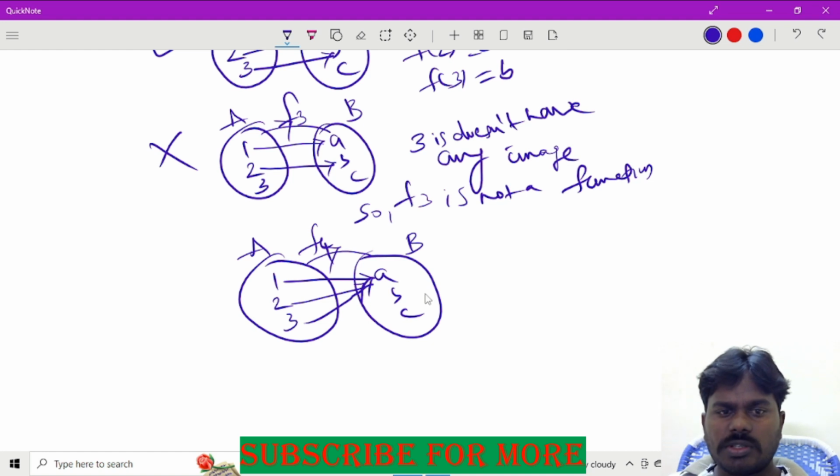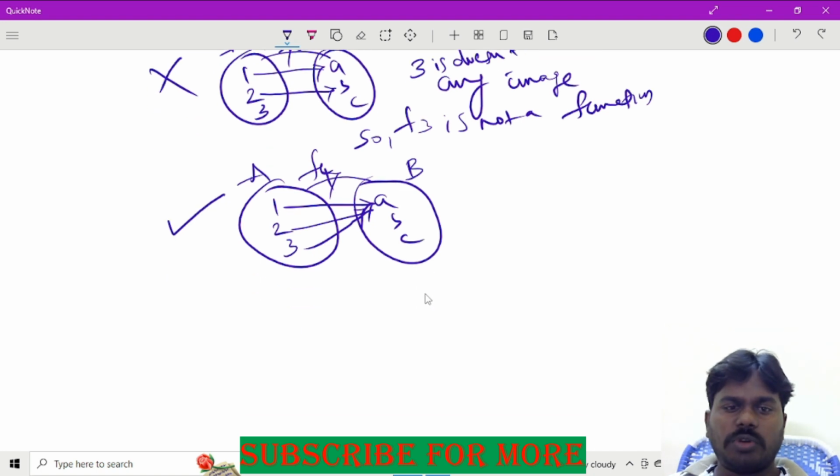So here every element in A has an image. So this is a function. This is also a function because with respect to every element of A, the image is distinct.